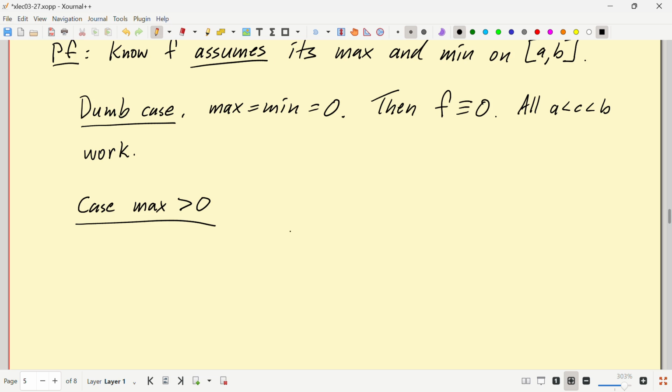Then the picture is, function is 0 at a and b. It has a max, who knows what else it does. That's the c. The max would be strict, this c wouldn't be a or b, because it's strictly positive there.